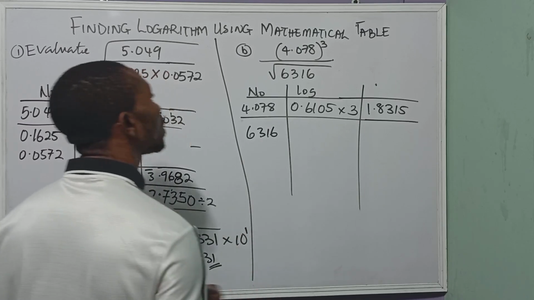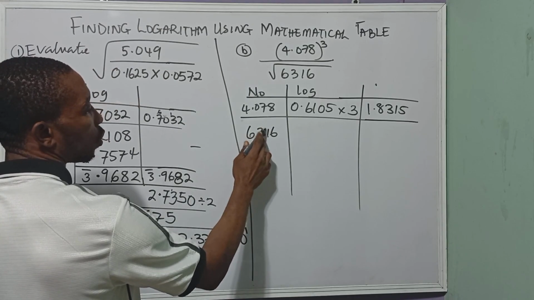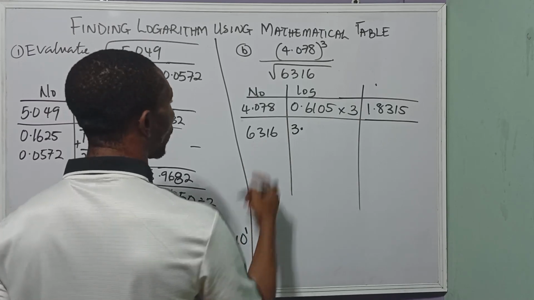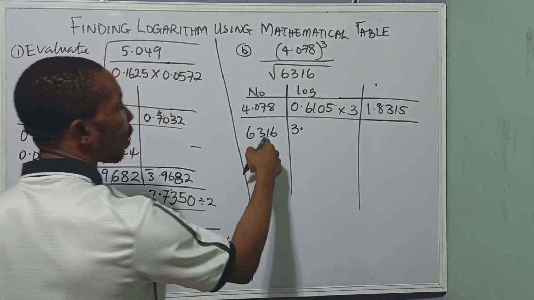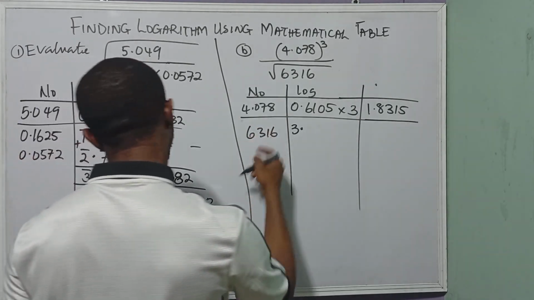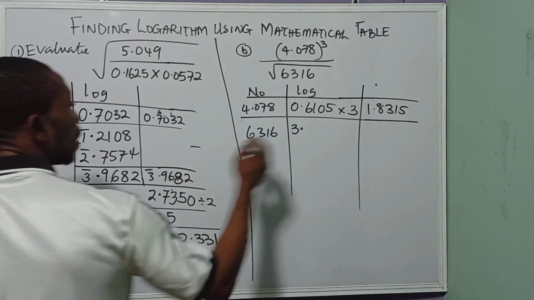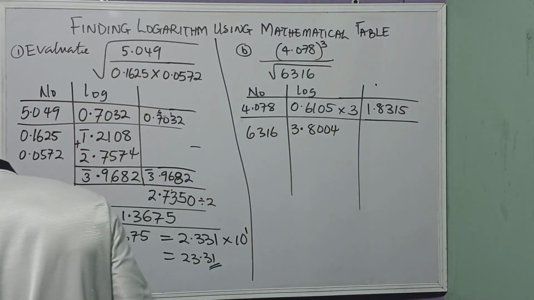Now, going to our denominator, we have 6316. Putting this in standard form, we are going to move our point 1, 2, 3. So this becomes 3 points. Looking for a mantissa, you are looking at 63 under 1, difference of 6, which will give you 8004.